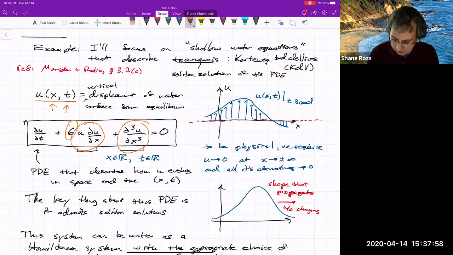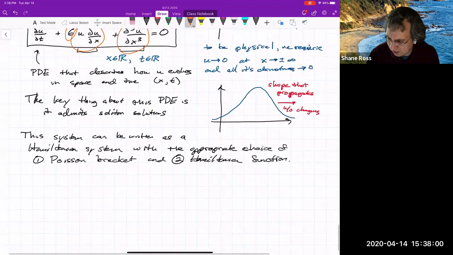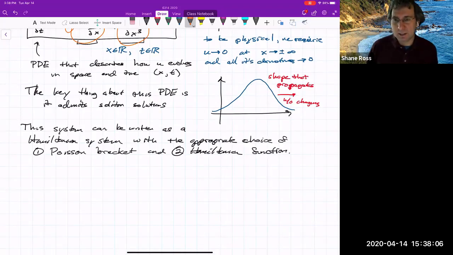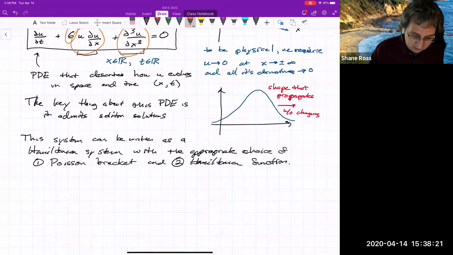And this was seen, I think, originally by an engineer in England looking at the motion of waves in a canal. But we now know that this is also an approximation for how things move through the ocean. And that's, we call them tsunamis.